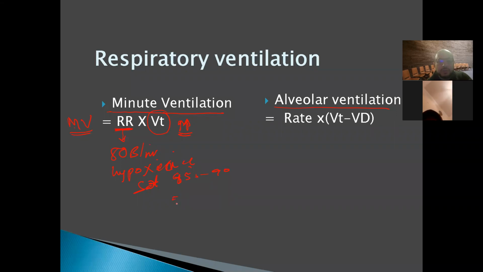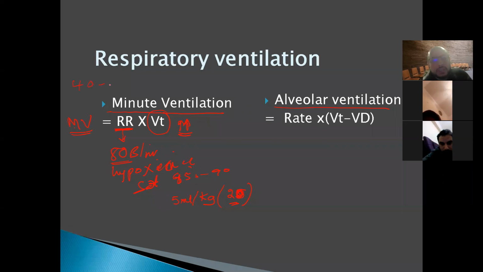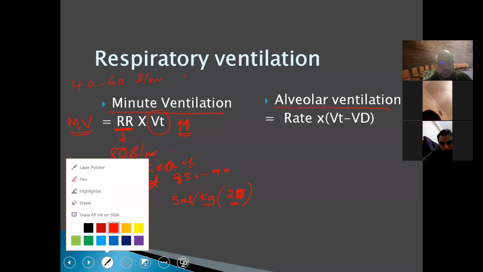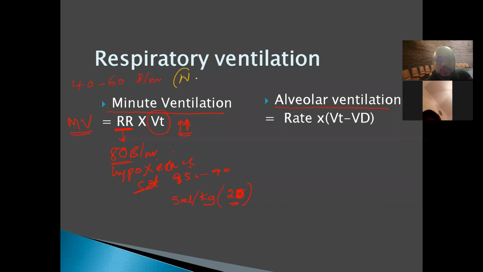So if you start with a baby intubated or on NIV, let's say intubated, he's on 5 ml per kg, or he's on pressure support of 20. Your baby breathes 80, normal? We know the baby's normal respiratory rate is usually 40 to 60 breaths per minute. So if the baby breathes 80 per minute, you know that baby is very tachypneic.